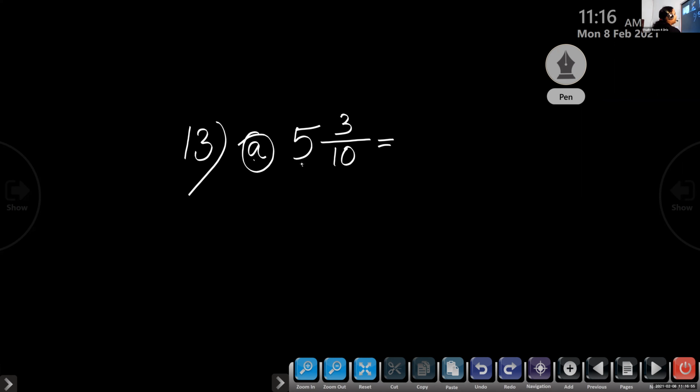Which is the whole number here? 5. After the whole number, we should place the decimal point. 3 by 10, how will we write? 5.3. Yes. So what do we have to do, children? Just write the numerator here. In the denominator, we have 1 zero, so after the decimal point also we have 1 digit. So the answer is 5.3.